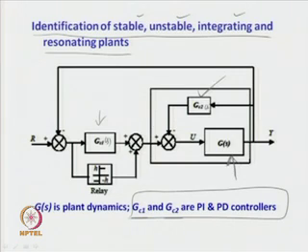Once we have some stabilized process G dash (s), which I call the stabilized process or plant, a controller can be designed for the stabilized process or plant using the relay based auto tuning scheme.